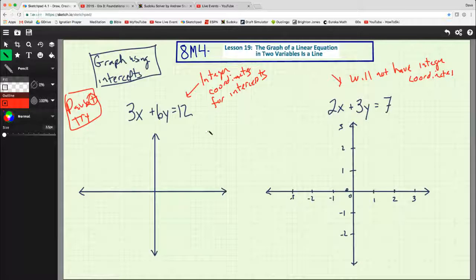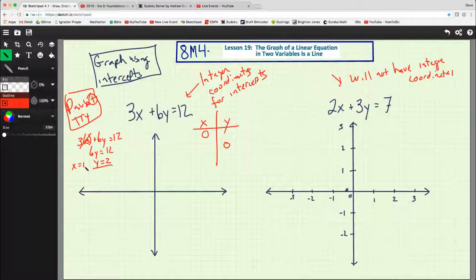So all we're going to do is make our little chart of x and y. We're going to find 2 points, one when x is 0 and one when y is 0. Okay. When x is 0, 3 times 0 plus 6y equals 12. So this cancels. 6y equals 12. So y equals 2.